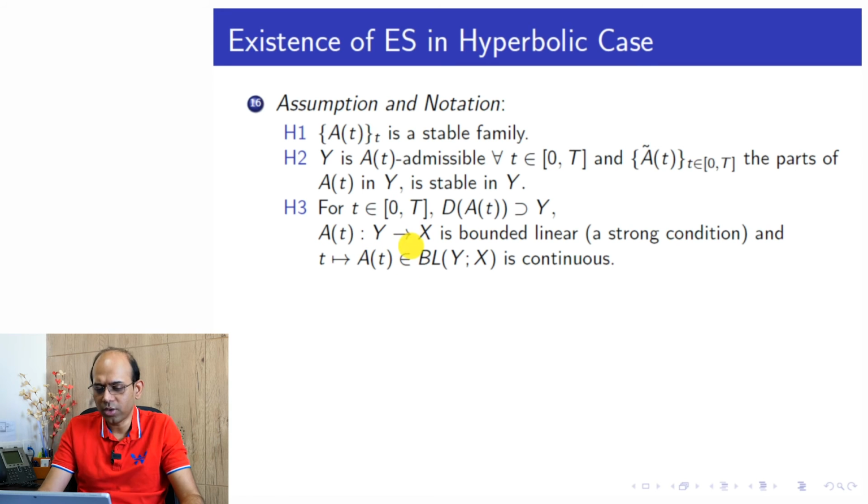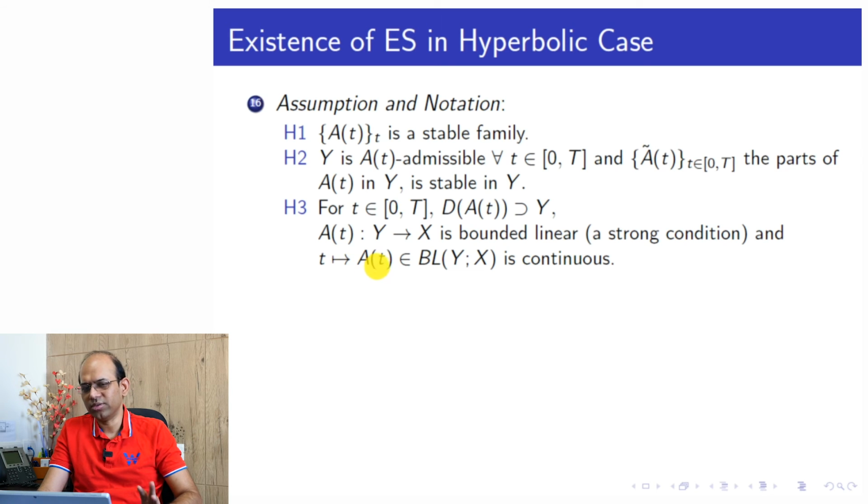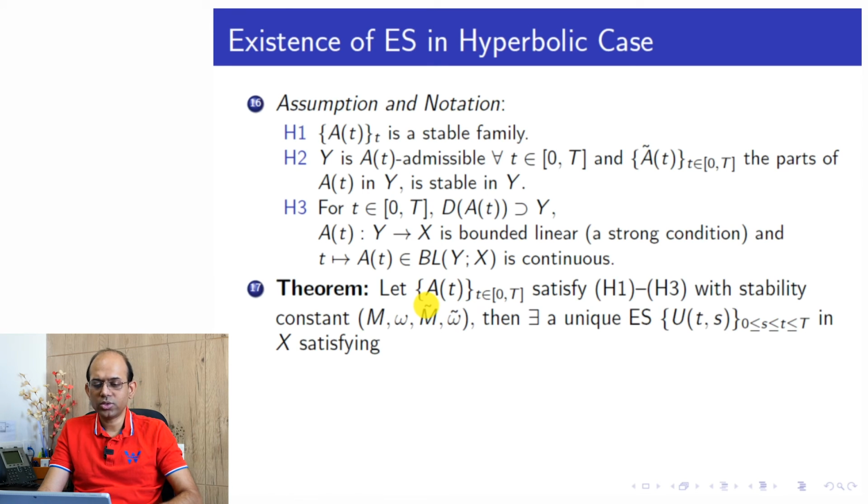This is important because if A(t) is not bounded linear, then I cannot talk about continuity in this sense. So it is a bounded linear operator, and then this is continuous in the norm topology.